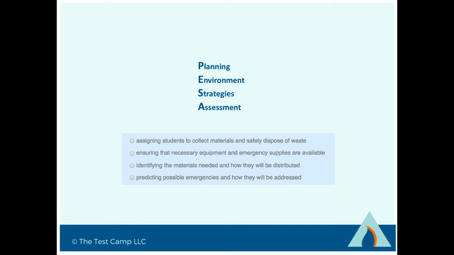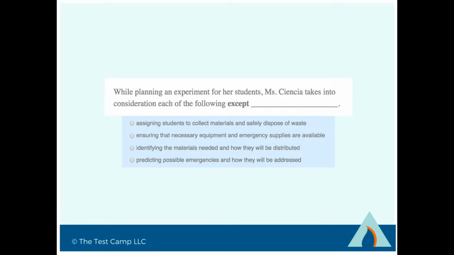So do you think this would be a planning question? Sounds like it to me too. Okay, but I don't think it would ever be the correct answer to say to assign the students to it. Not when you're talking about safety. Here's another question. Start down there in the bottom. Okay, that's another one. Planning an experiment.